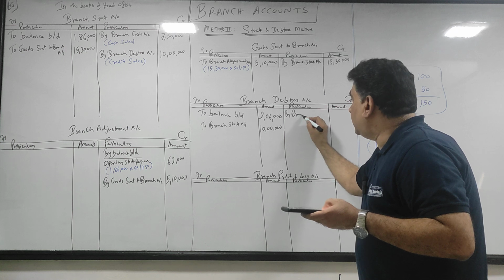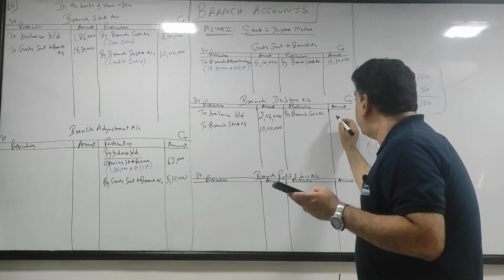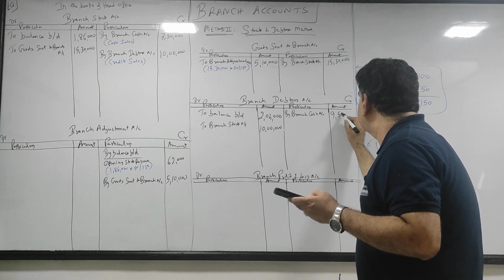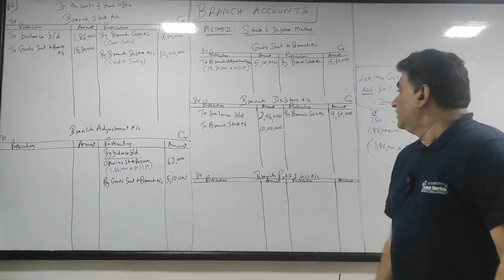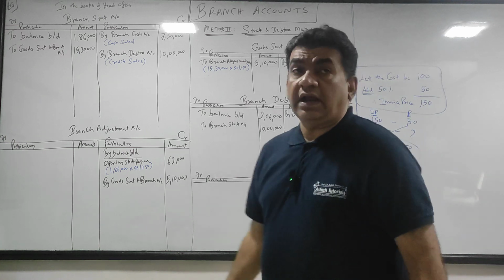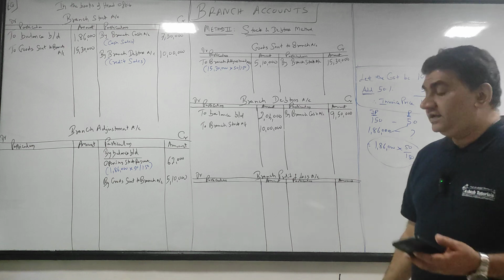So by branch cash account, that is 950. By branch cash account, that is 950.